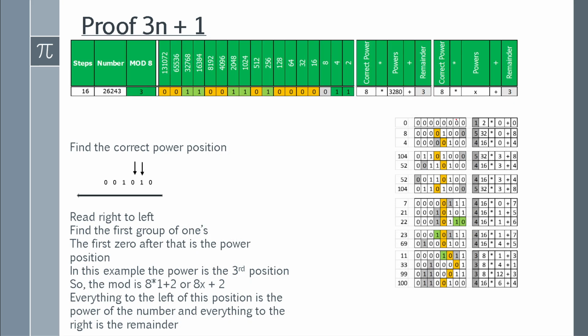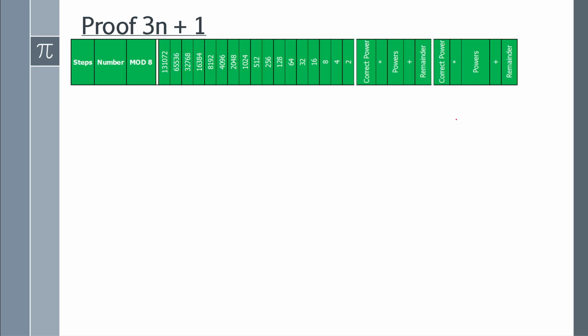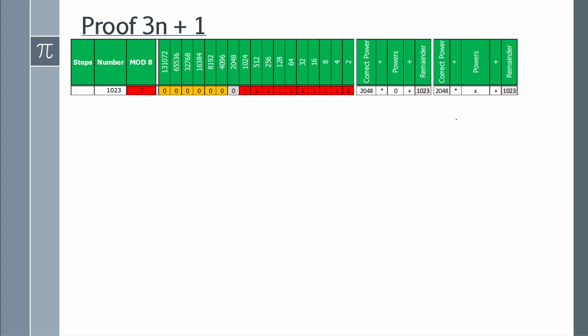And then again, we're going to look at a couple of numbers, the binary and the correct power of those. So the first number, we're going to start with the number 23, which is 10 ones on the remainder side and 0 in the power side.